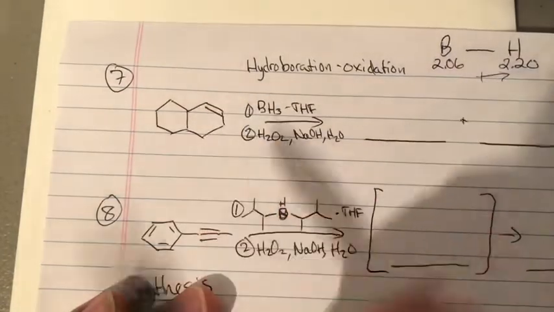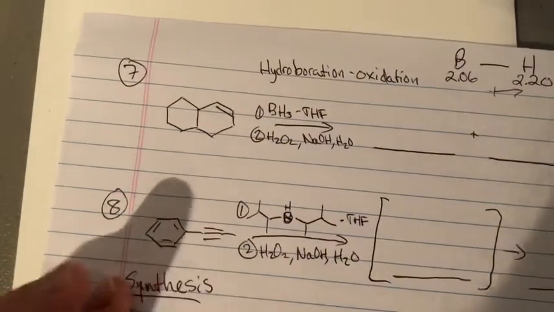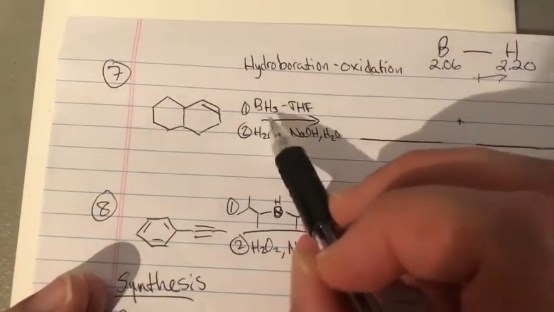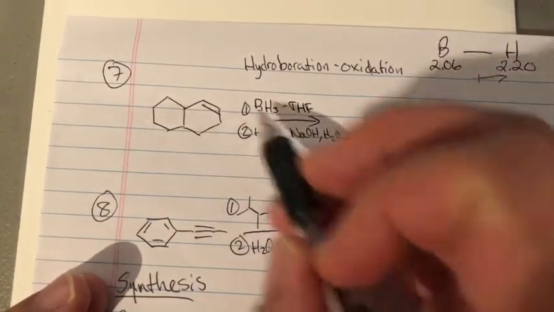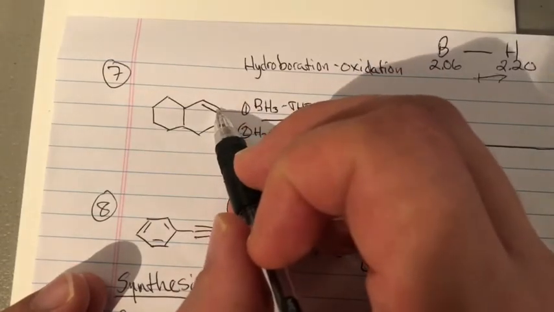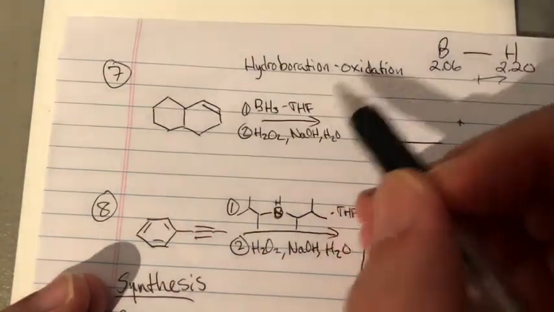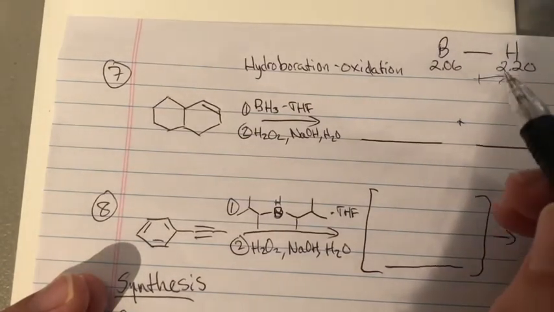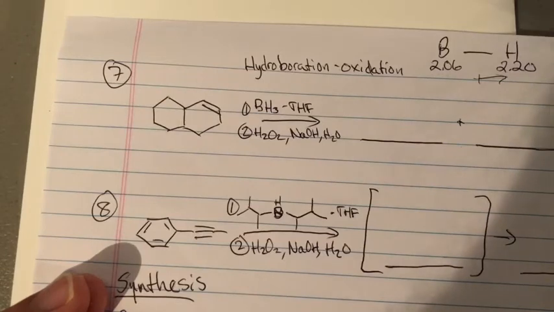This is taken from one of the examples in your text, I believe 12.52b. BH3 is going to add to this double bond. You can imagine this B and this H here, and the boron group is actually going to go to the less electron-starved carbon.